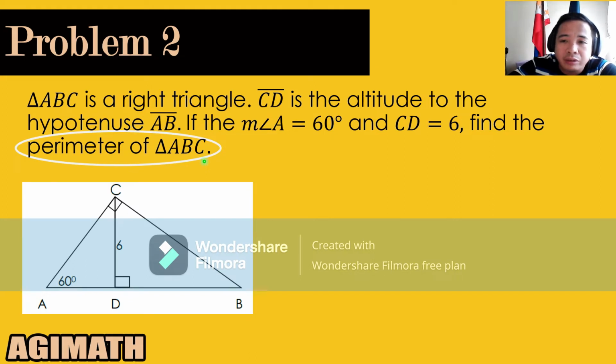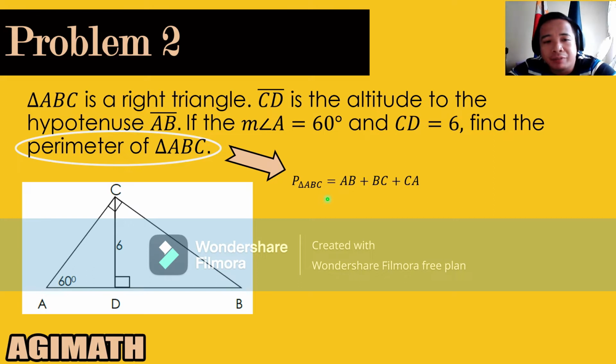If you are going to recall, the formula for the perimeter of a triangle is given to be this one. To find the perimeter of a triangle, just add the length of each side, the three sides. So you have the length of AB plus the length of BC plus the length of CA. So that's how you are going to find the perimeter of this triangle.